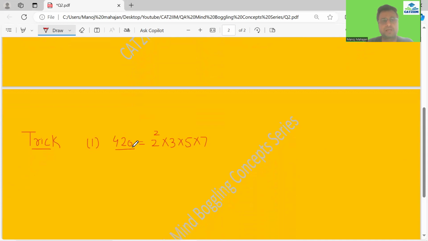So first thing, the number 420 is actually a multiple of these numbers 3, 5 and 7, which we are using in the question. If the number is not the multiple of the numbers given in the question, then maybe you can still apply this trick, but you won't get the answer directly.